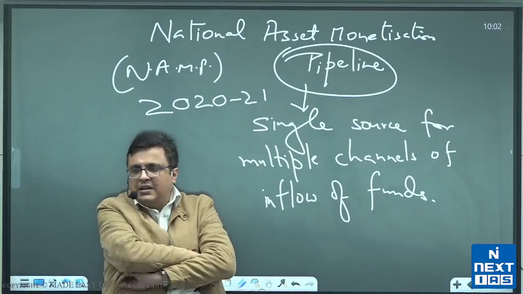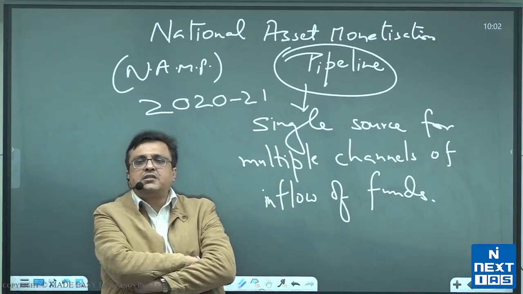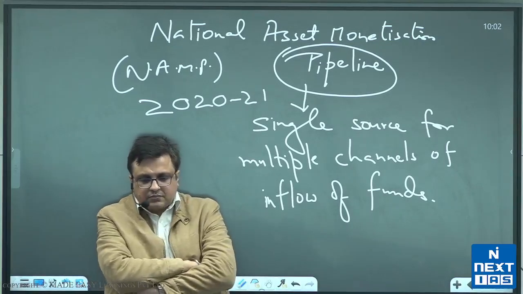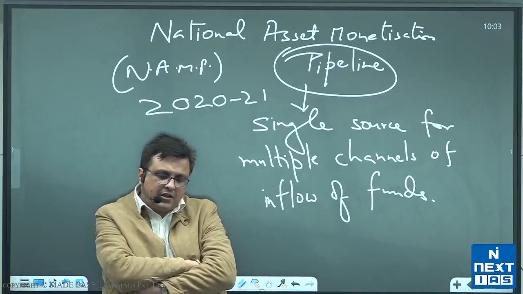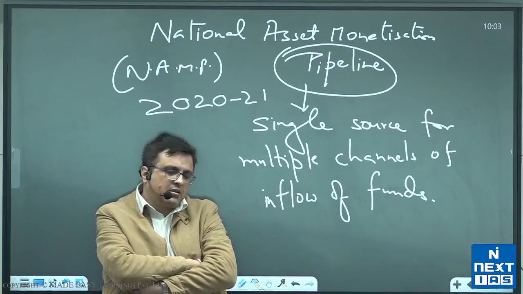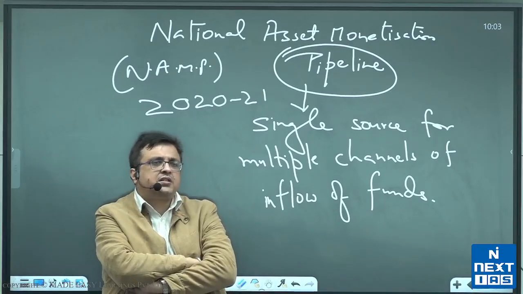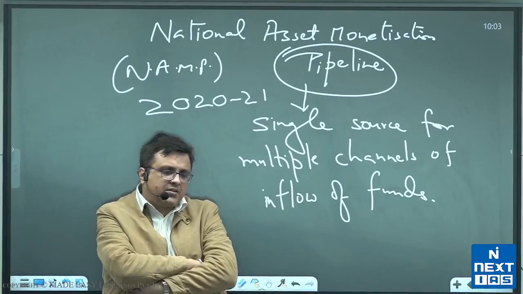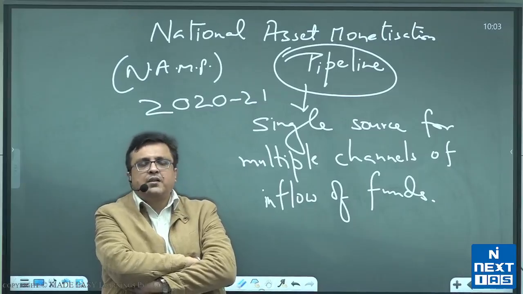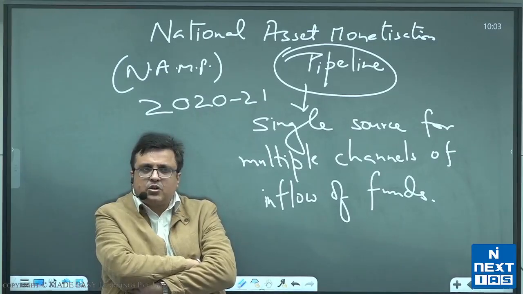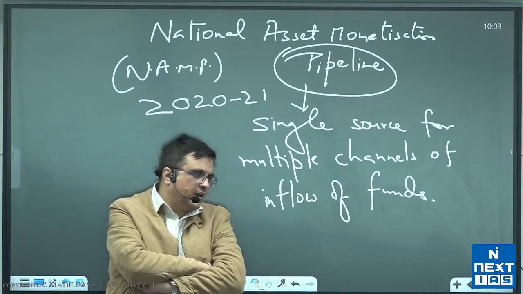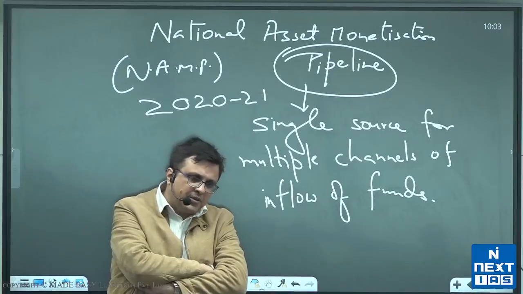Like land, electricity generation units, electricity distribution companies. I believe you understand the difference. Generation units are those who produce electricity. Distribution companies are those who take it to the consumer.